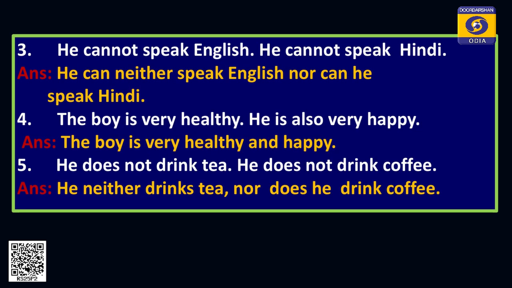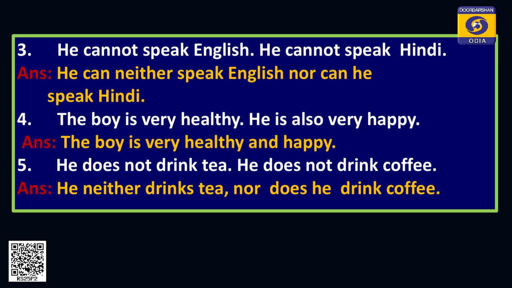Number 3, he cannot speak English, he cannot speak Hindi. So, when we combine, what will happen? In both the sentences we have negative sentences. So, we can use neither nor. He can neither speak English nor can he speak Hindi.